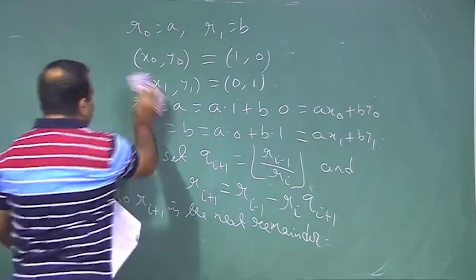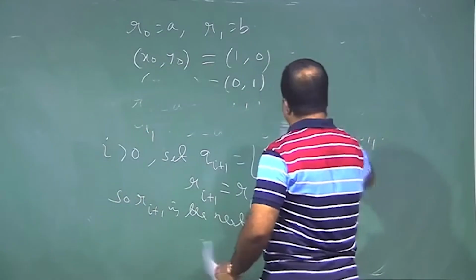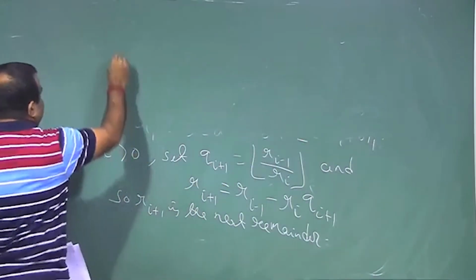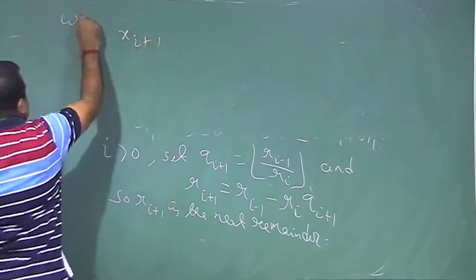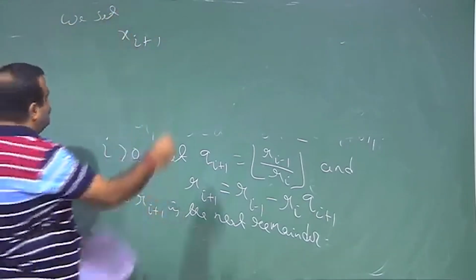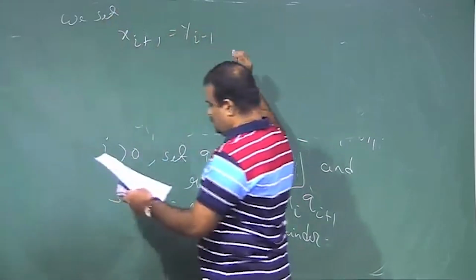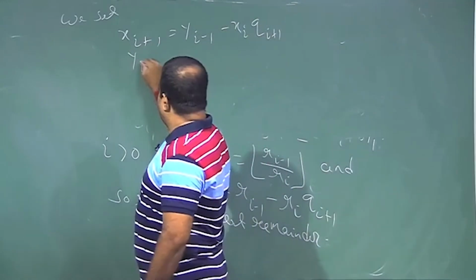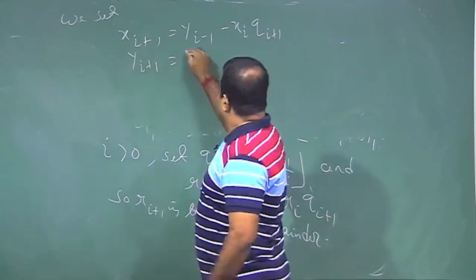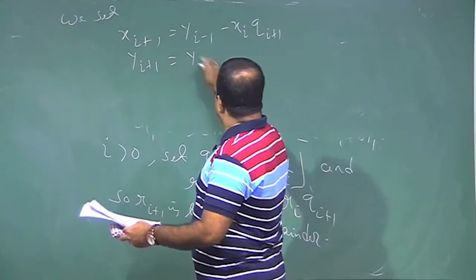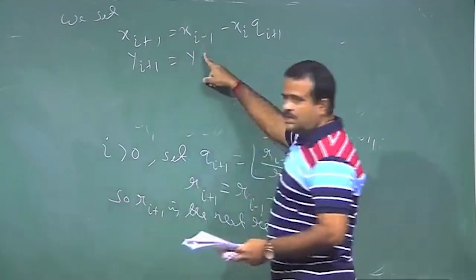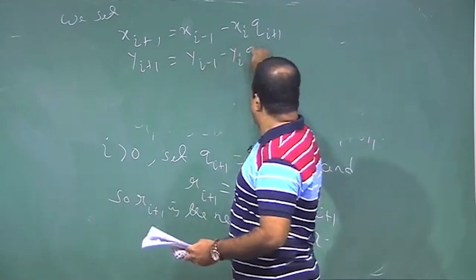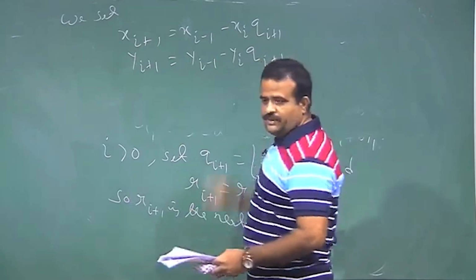Okay. Now, from this general case, we have to set x i and y i. So, we set x i plus 1 as x i minus 1 minus x i q i plus 1, and y i plus 1 as y i minus 1 minus y i q i plus 1.